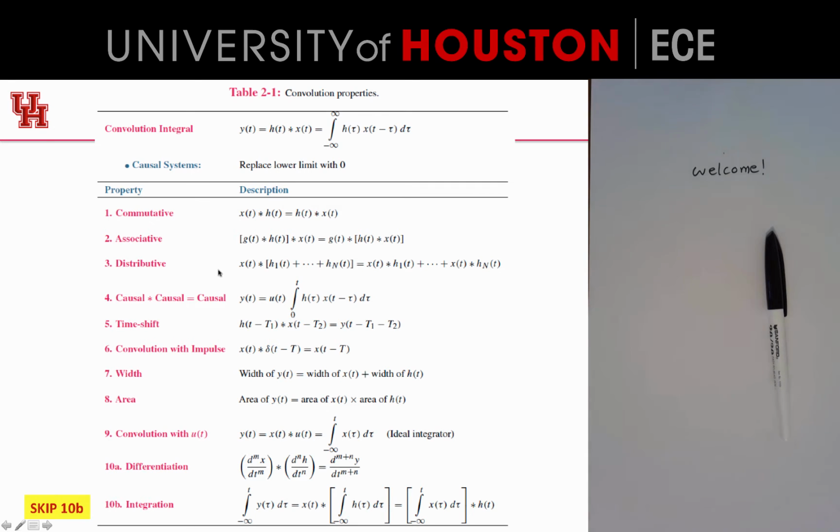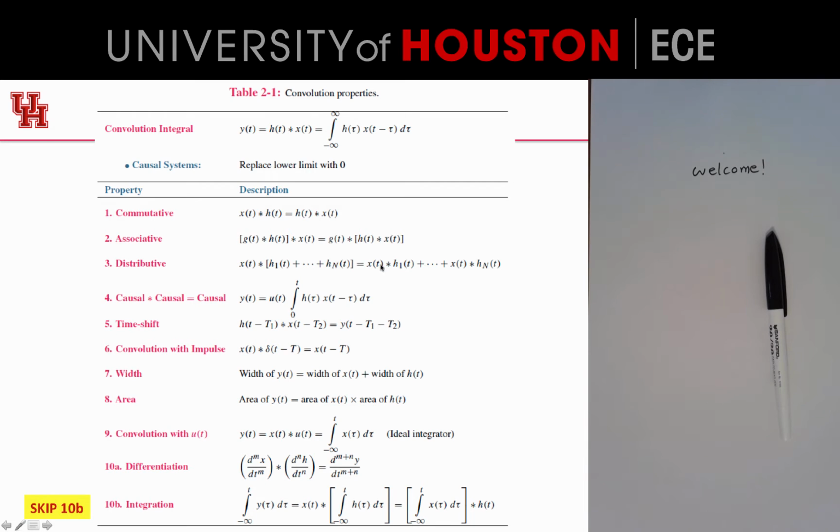Now, distributivity tells you that convolution behaves kind of like a multiplication. In other words, it distributes over addition. If you have a bunch of functions, h1, h2, h3, and so on up to hn, and you take their sum and convolve that with x of t, it's the same as convolving x of t with each of these terms, h1, h2, and so on, and then taking the sum of their convolutions.